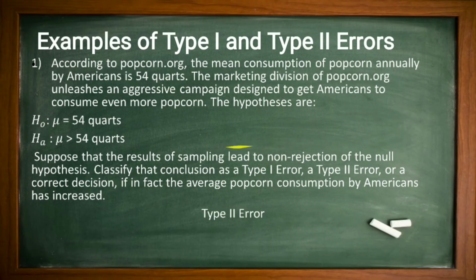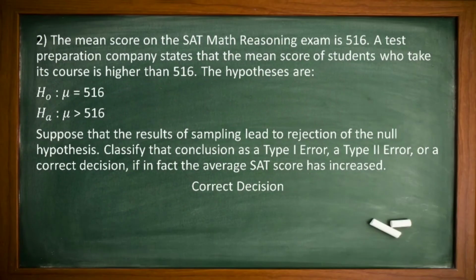Okay, next example. The mean score on the SAT Math Reasoning exam is 516. A test preparation company states that the mean score of students who take its course is higher than 516.